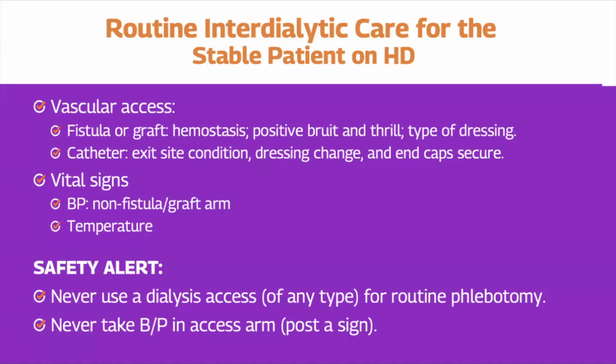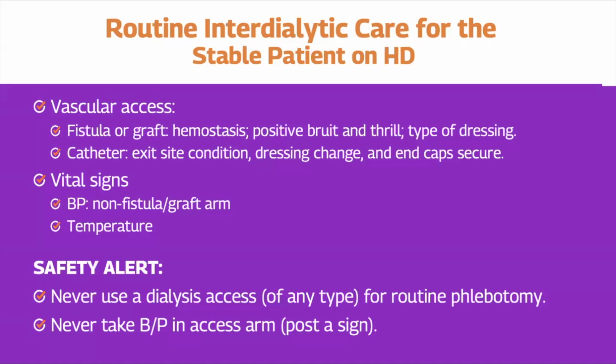With a catheter, we look at the exit site condition. If the dressing comes off, we might have to do a dressing change and make sure the end caps are secure and that the clamps are clamped. Vital signs need to be taken per doctor's order in their outpatient setting, and the blood pressure should be on a non-fistula or graft arm, and then, of course, taking their temperature.